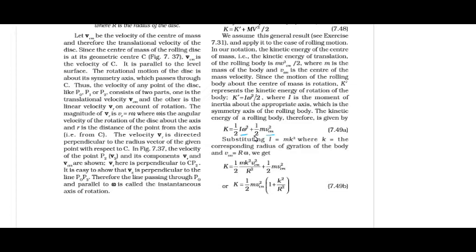Substituting the value of I is equal to mk square, where k is the corresponding radius of gyration of the body, and vcm is equal to r omega, we get K is equal to half mk square vcm square upon r square plus half mvcm square. K is equal to half mvcm square bracket 1 plus k square by r square. This is the expression for total kinetic energy of a rolling body.